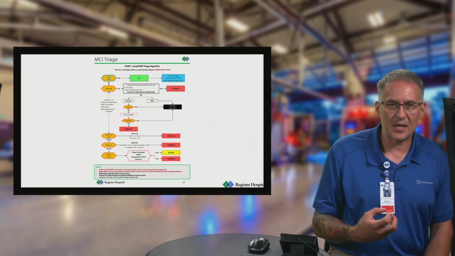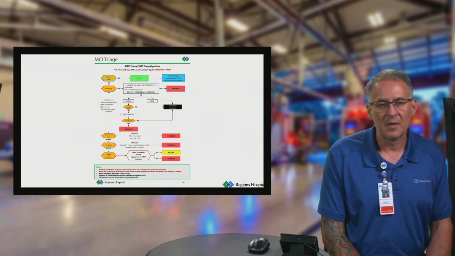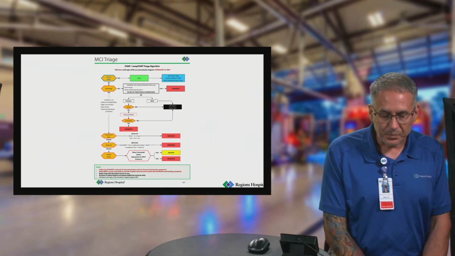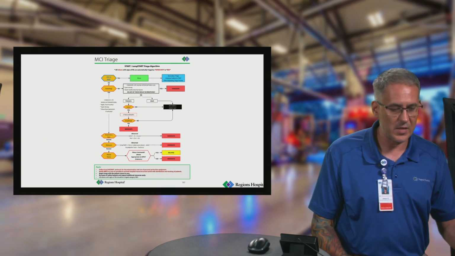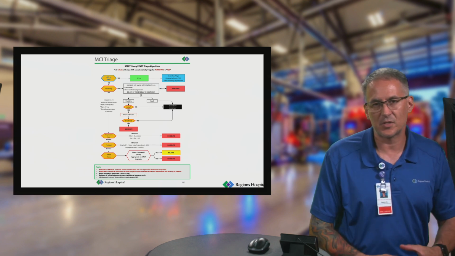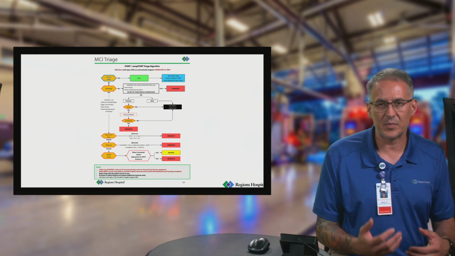And also left in because as jurisdictions adopt this and take it to be their primary guideline for sorting patients in an MCI event, it's going to take some time. RAMP is the model of triage that both East and West Metro are going to, and it's just obviously taking time for each agency to adopt the new guideline.